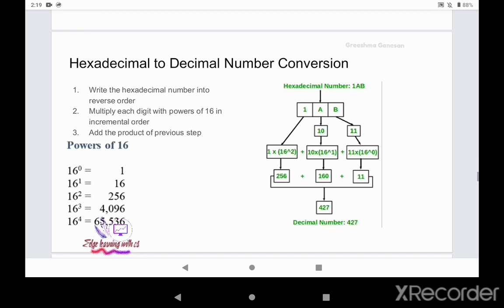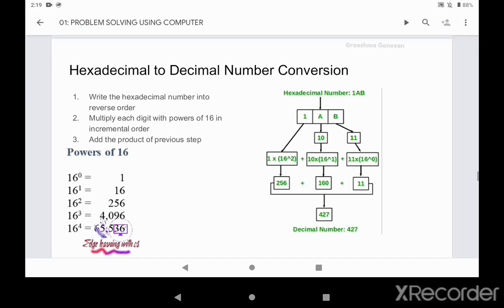So you can write it as 11 into 16 raised to 0, plus 10 into 16 raised to 1, plus 1 into 16 raised to 2.